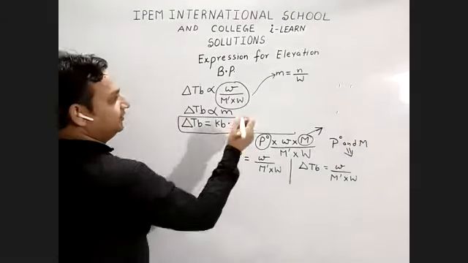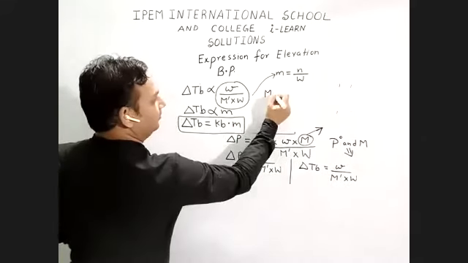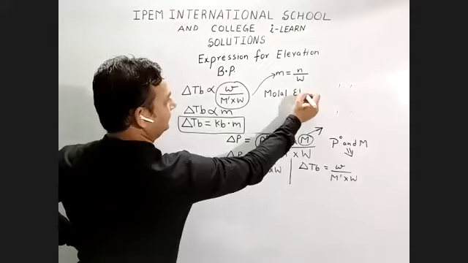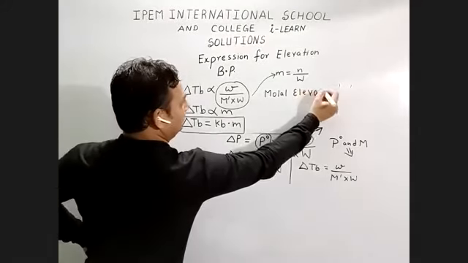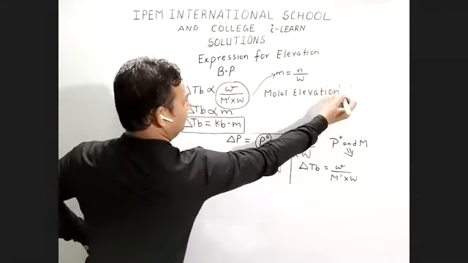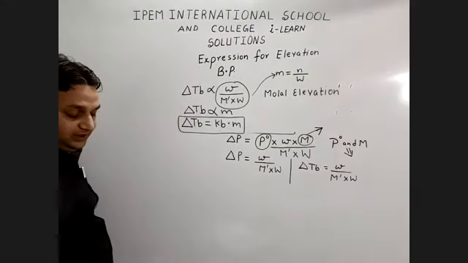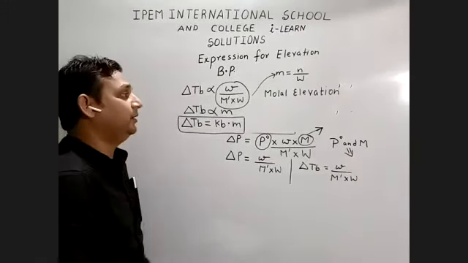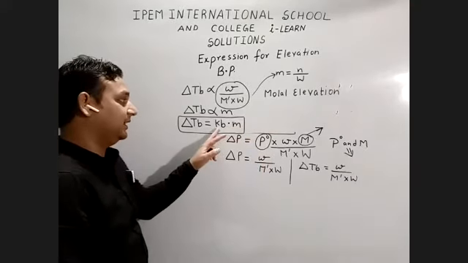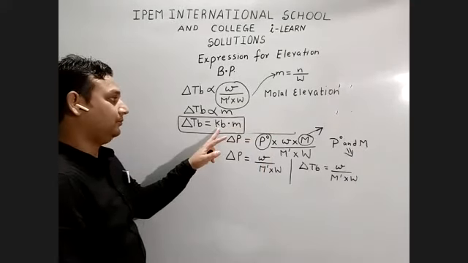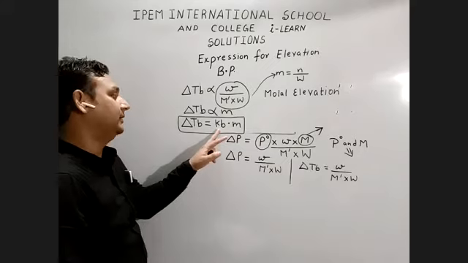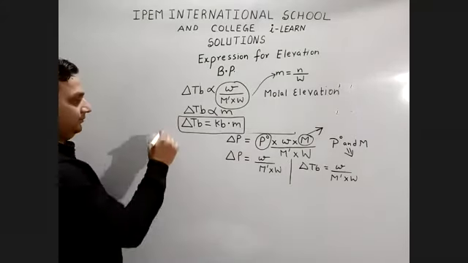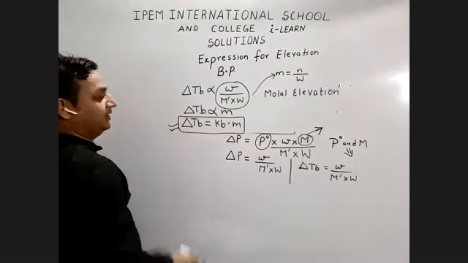This Kb is a constant which we call the molar elevation constant, or ebullioscopic constant. Sorry, Kb. Delta TB is equal to Kb into molality. So this expression is very important.